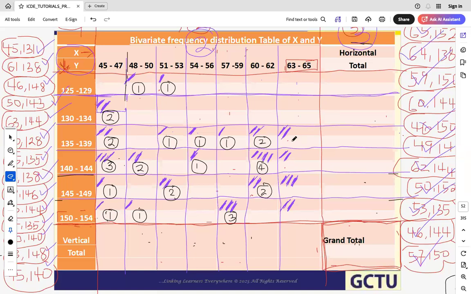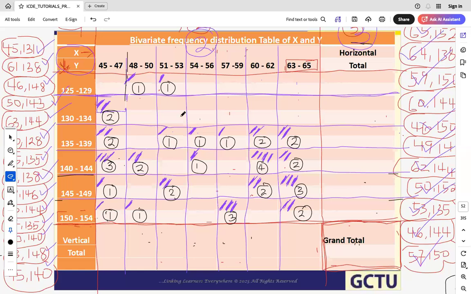And then the last column, we counted 2 here. We counted 2 here. We did 3 here. And then we ended with 2 here. So that is the next level of activity you do. After getting the tally strokes, you change the tally strokes into frequencies.